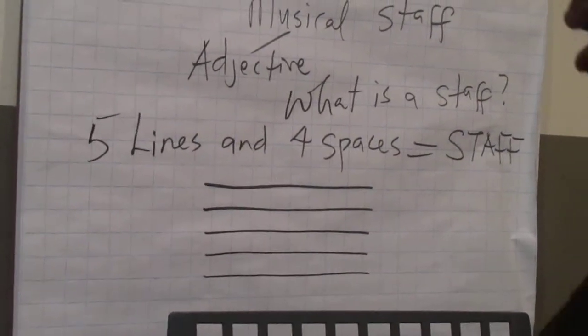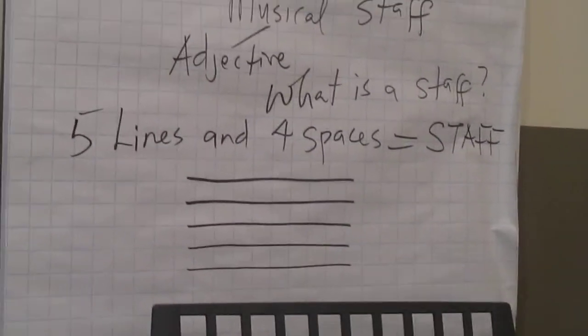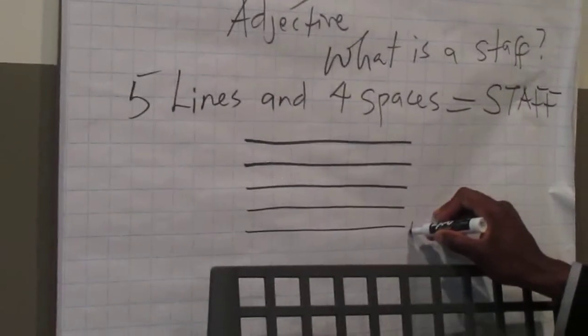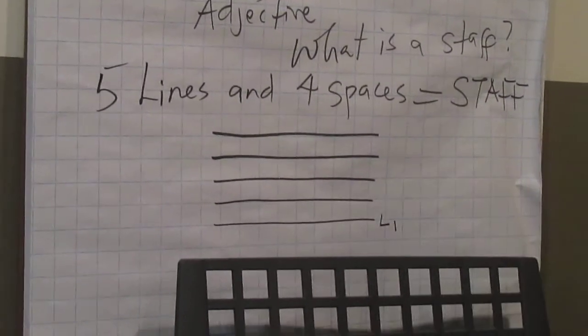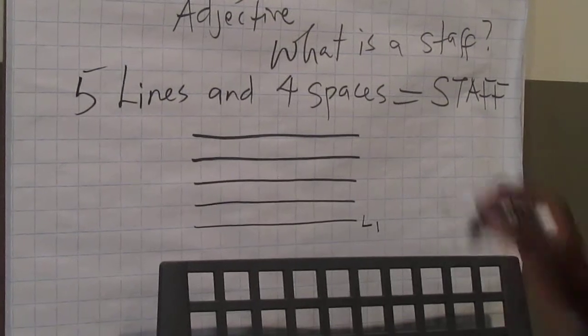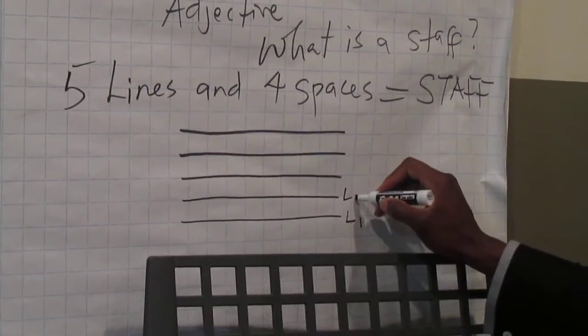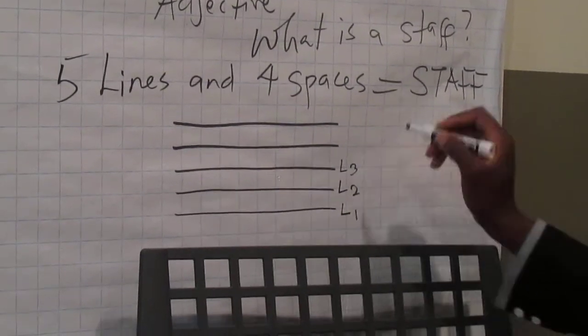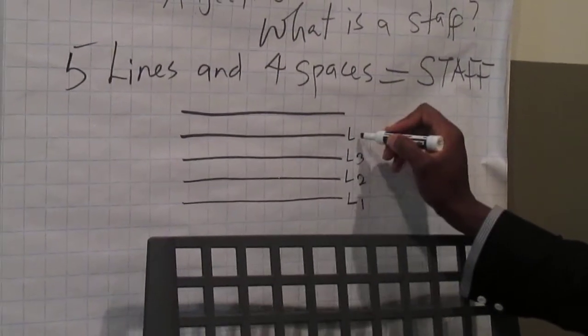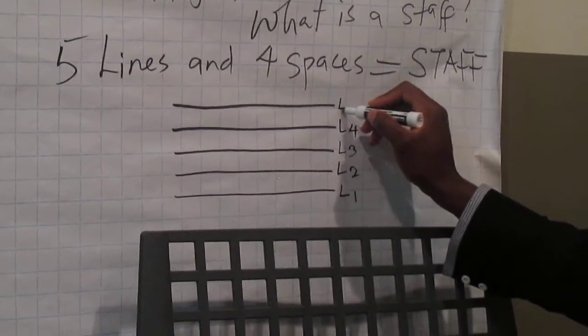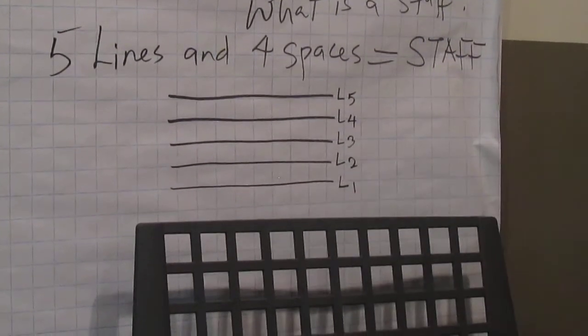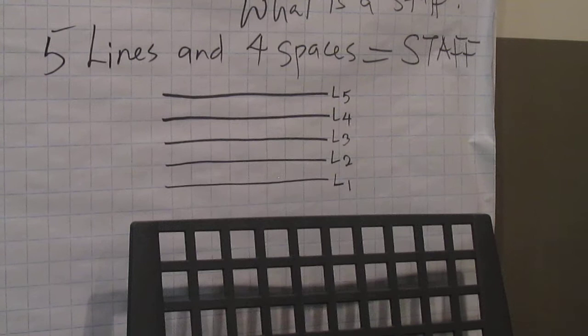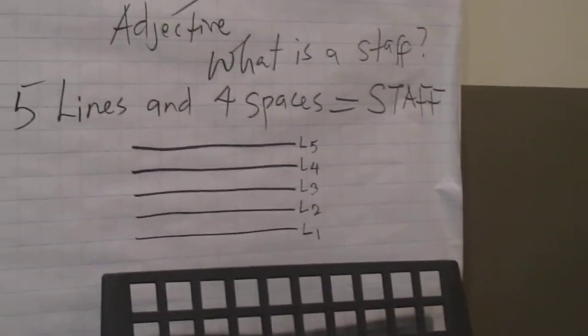Alright, let me go ahead and label this out for you. This is line 1, line 2, we have line 3, we have line 4, and we have line 5. Do you understand it? I think so. Now, let me label the space notes as well.